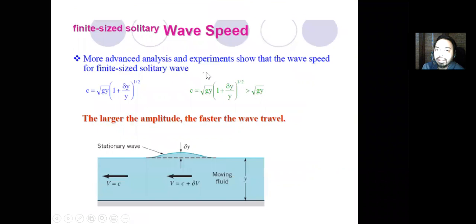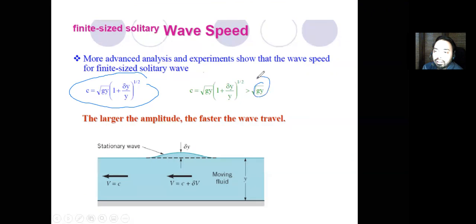So this is the surface wave traveling velocity. Okay, if we analyze more, the experiments also show that the wave speed for a finite size solitary wave is not only that part, it takes this form, which is greater than the square root of gy only.